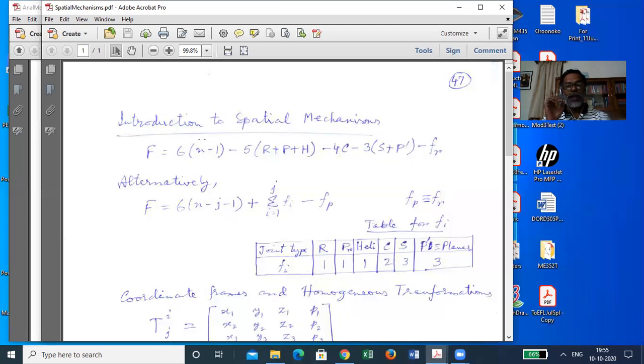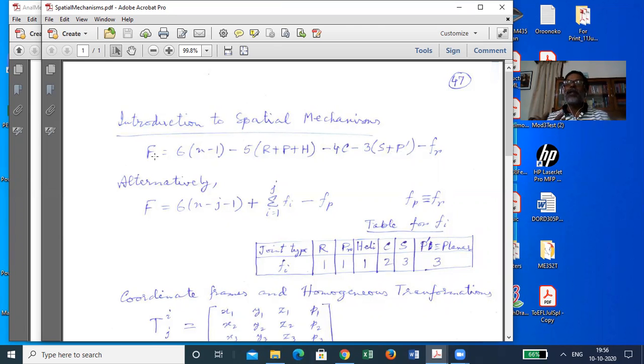Planar pair we represented with E, but here I am representing that with P prime. Okay, so for the planar case, we worked out the equation, the Kutzbach equation. This is the spatial version also of that.